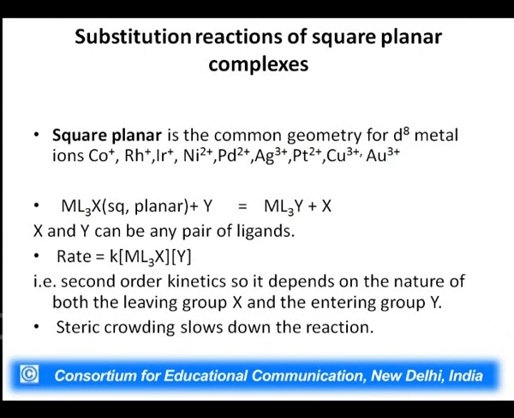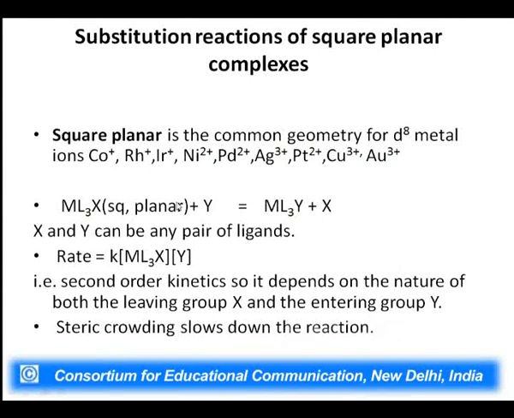Let's take the example of an ML3X square planar complex, where Y is the entering ligand that substitutes X. In these complexes, substitution reactions take place, that is, one ligand is being substituted by another.